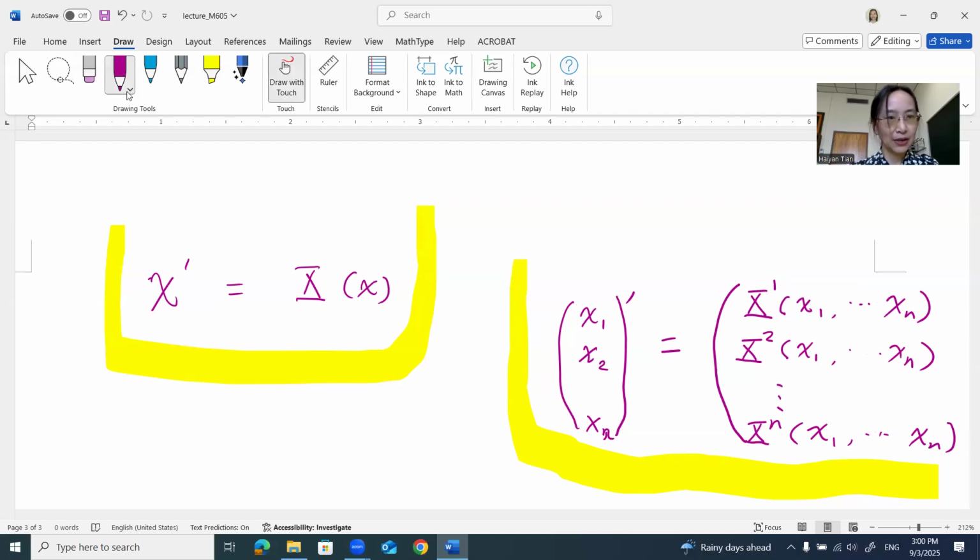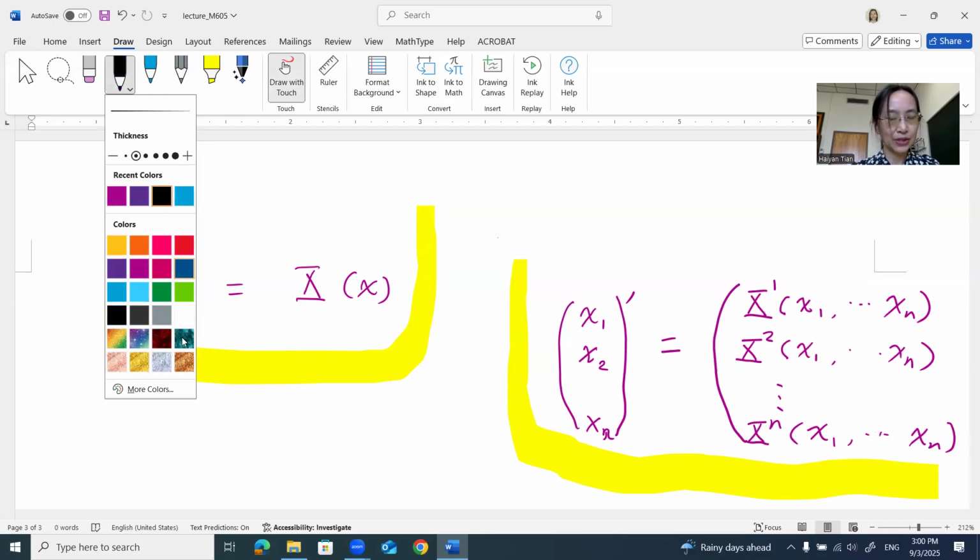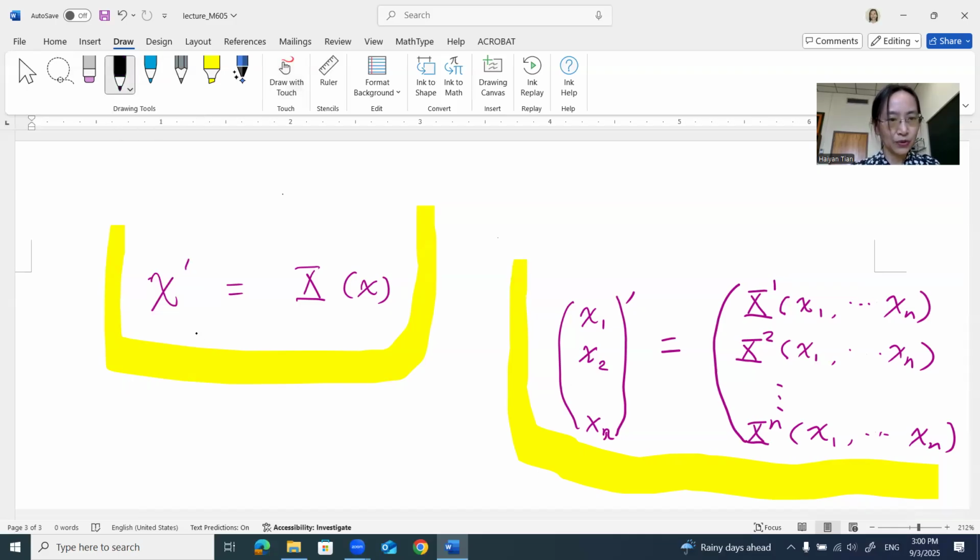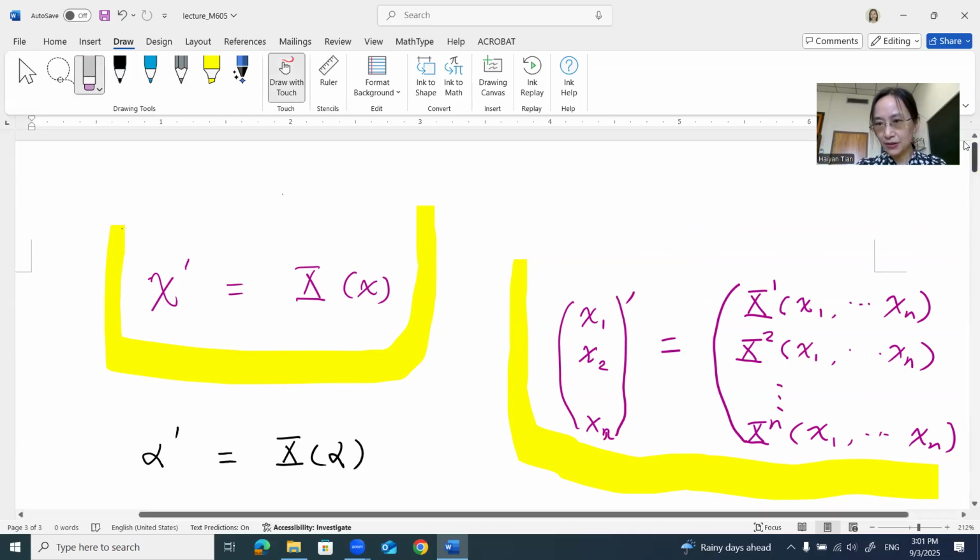If I want to replace the x with a certain alpha, which we call a solution, then alpha must satisfy the differential equation. So our alpha is a vector valued function in the place of x. Alpha's derivative is equal to the vector field at alpha. So that's our definition of a solution of the system.